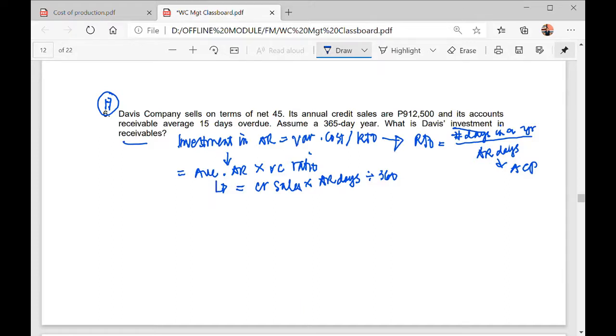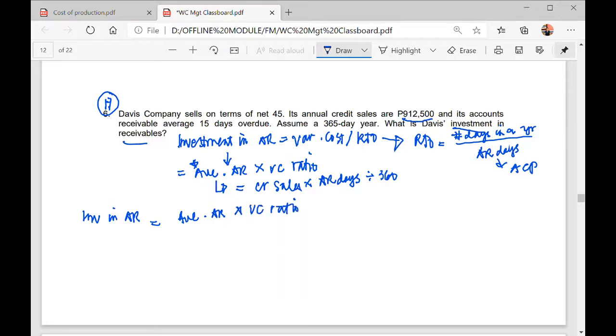Actually, they are probably the same, just with the components rearranged. Okay? So let's answer this problem. We get the investment in AR. I will use this formula. This would be equivalent to the average AR times the variable cost ratio.